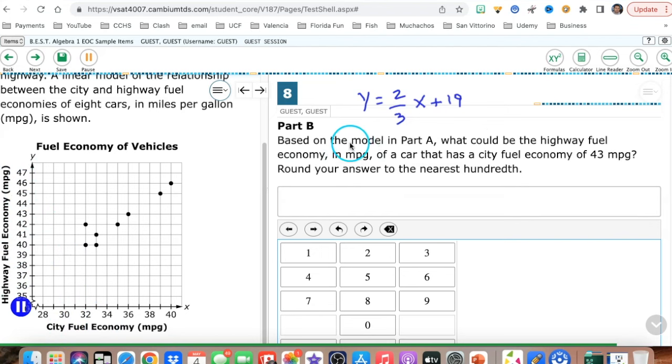So they're asking me for the y. When the city, which is the x, is 43, you just need to plug that in. So y equals 2/3 of x, but x is 43, plus 19. Plug this into the calculator.